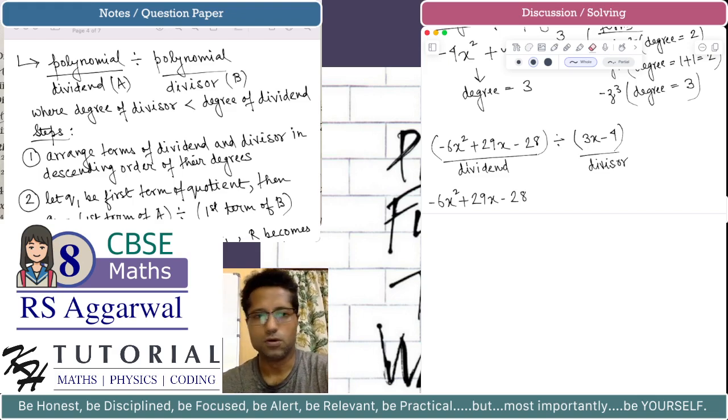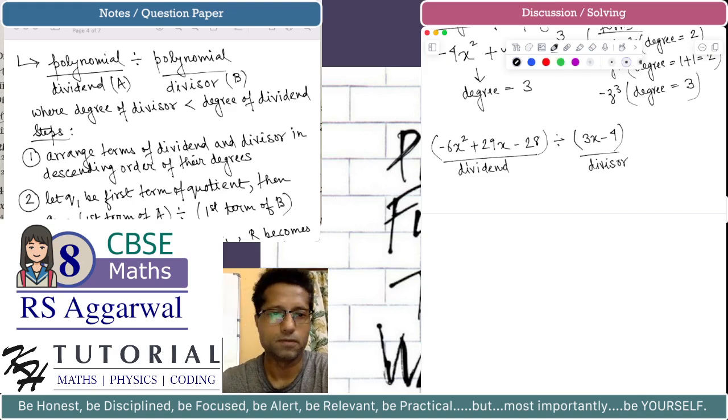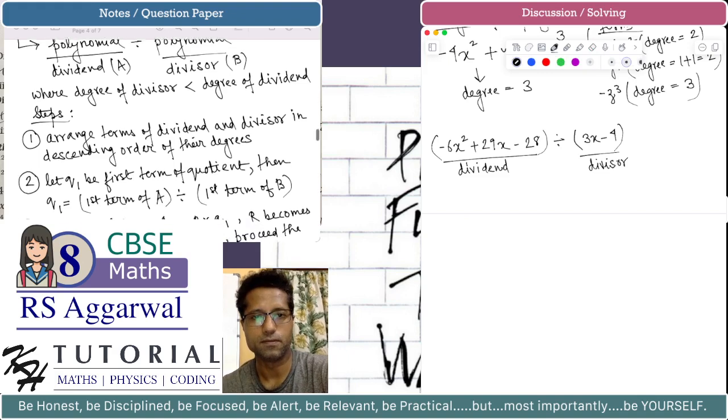So the first step is always to arrange the terms of the dividend and divisor in descending order of their degrees. Now, we don't need this step here. That was step number 1.